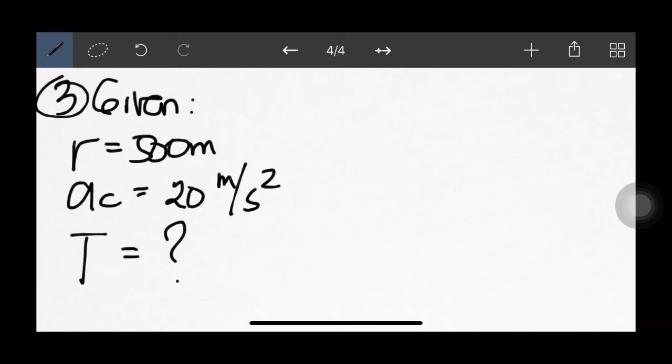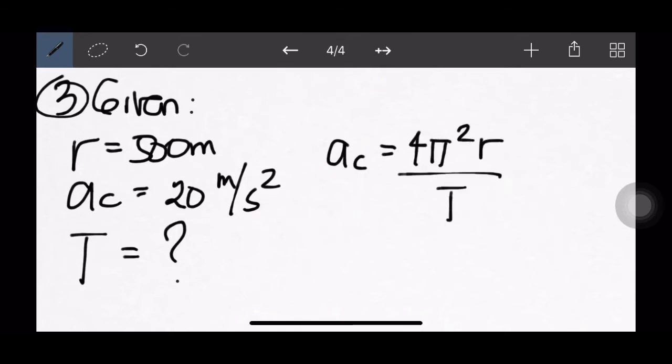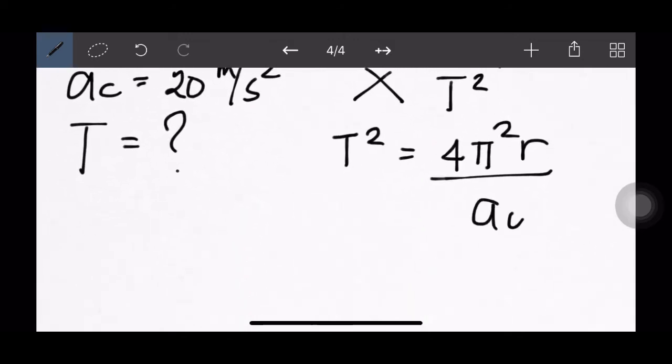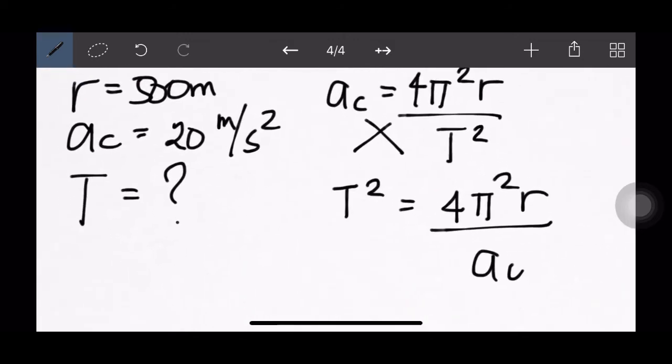Okay, so again, we will be using the centripetal acceleration formula, 4 pi square r over t square. So we will just simply cross multiply. That's how we get t square is equal to 4 pi square r over AC. Now let us square root both sides to cancel out the square in the t.